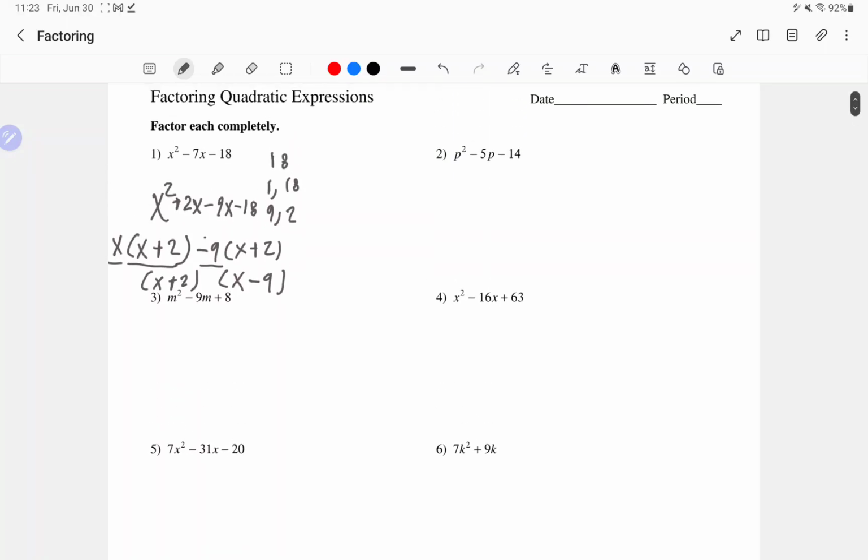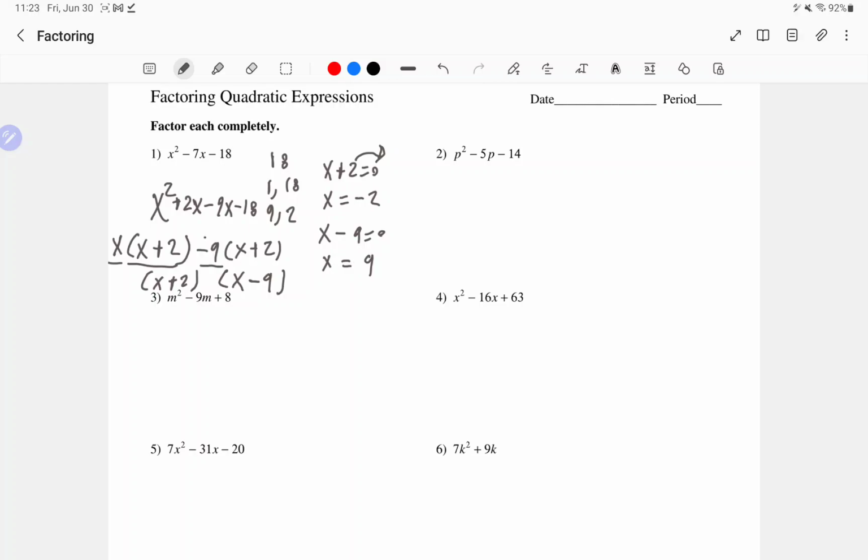If you wanted to portray these as x terms, you would set x plus 2 equal to 0, and this becomes x equals minus 2, because the 2 goes over there. You do the same with the other one, 9, and you get x equals 9. This is how it's portrayed as an x-intercept.